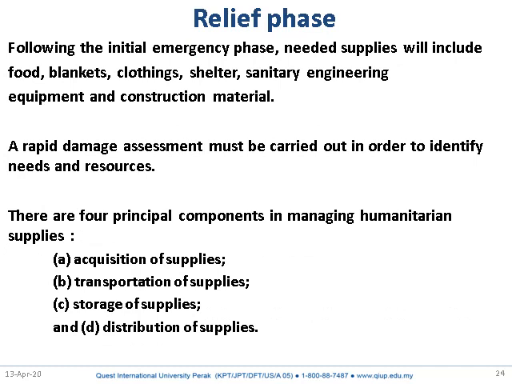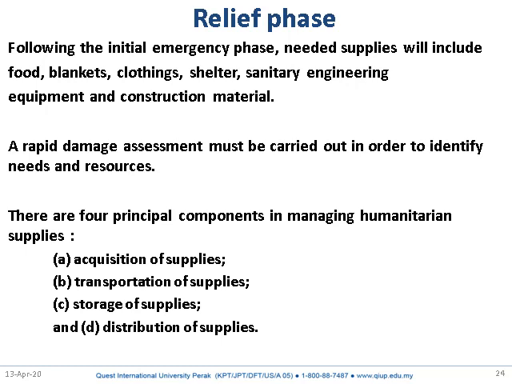Relief phase. Following the initial emergency phase, needed supplies will include food, blankets, clothing, shelter, sanitary equipment, sanitary engineering equipment, and construction materials. These are all needed. A rapid damage assessment must be carried out to identify needs and resources.